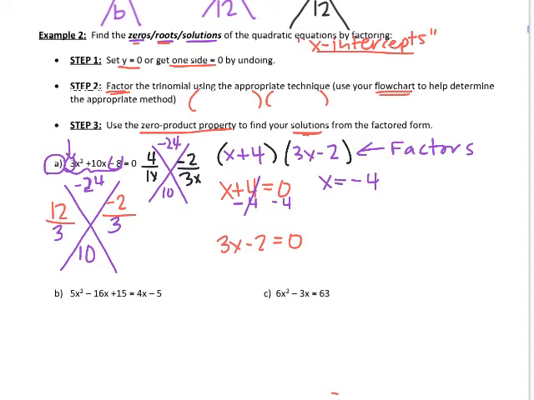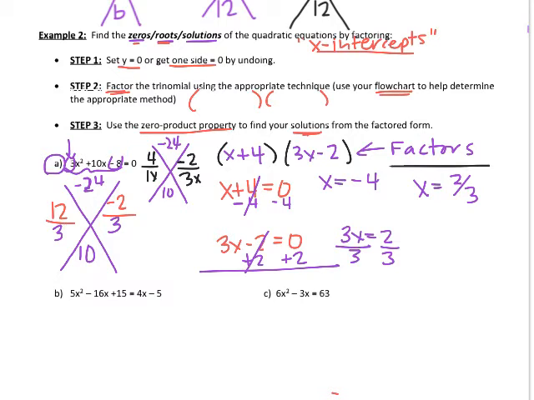So the graph is going to hit the x-axis at negative 4 there. And if I add 2 here and add 2 here, that leaves me with 3x equals 2. And if I divide by 3, then the other x that I have found is 2/3. Okay, so these are my two zeros, or roots, or solutions.